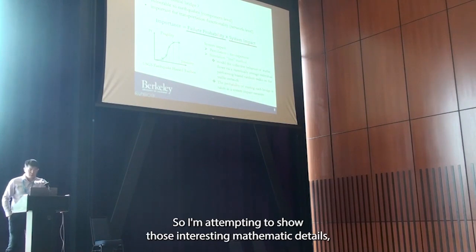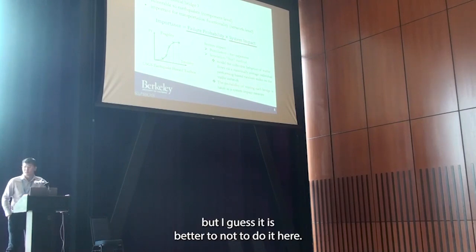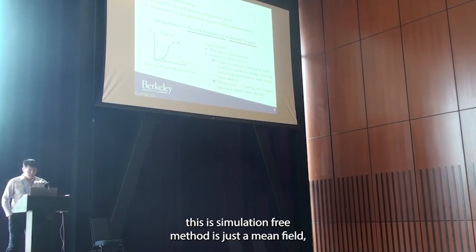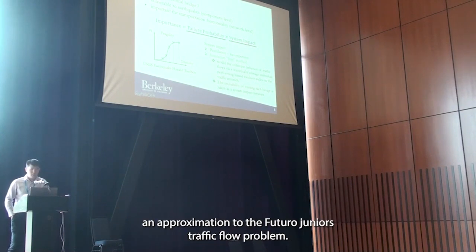I'm tempted to show those interesting mathematical details, but I guess it's better to not do it here. From a very high level, this simulation-free method is just a mean field approximation to the heterogeneous traffic flow problem.